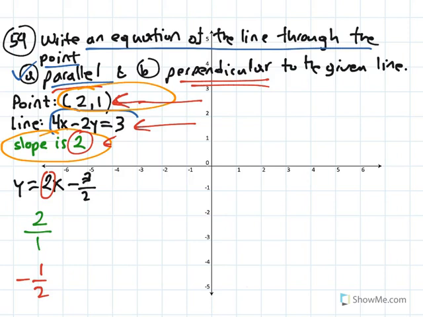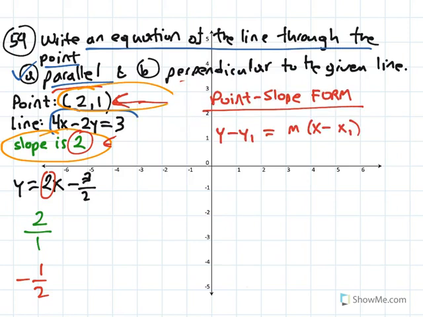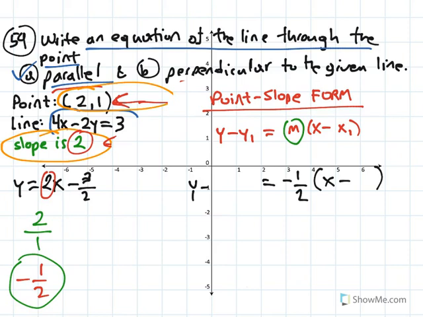So we can once again start our equation in point-slope form. Because we know the perpendicular line will have a slope of negative 1/2, we can go ahead and substitute negative 1/2 for the slope. And we also know that our perpendicular line must pass through the given point, which has coordinates 2 for x and 1 for y.